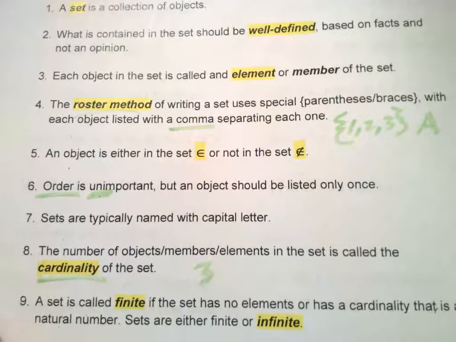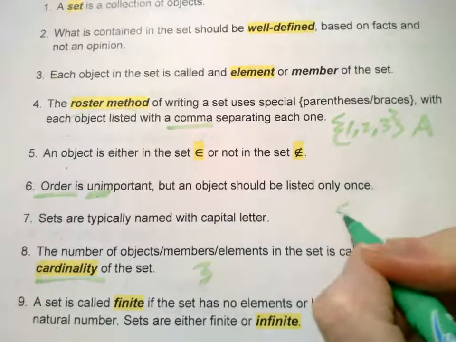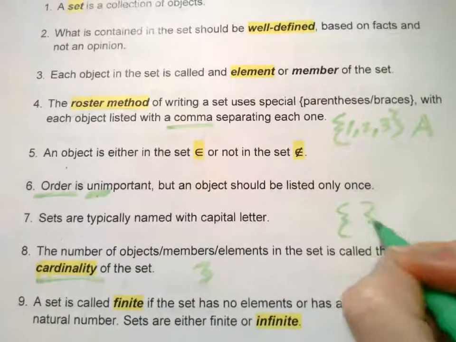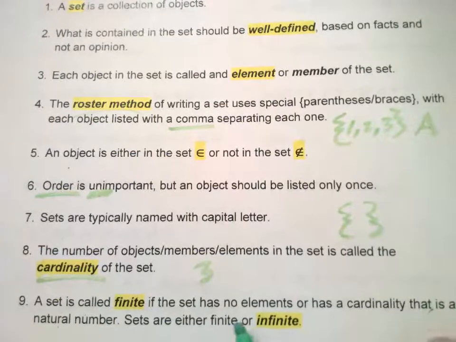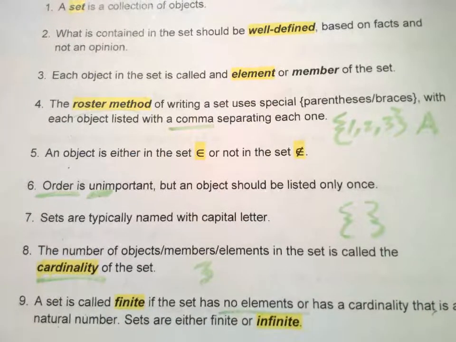But if you have the numbers above 3 in a set, it's going to go on forever. So it would be an infinite set. Okay. And apparently you can have a set that looks like this, and that is an empty set. There's nothing in it. So that would be a finite set. So nothing or a natural number.